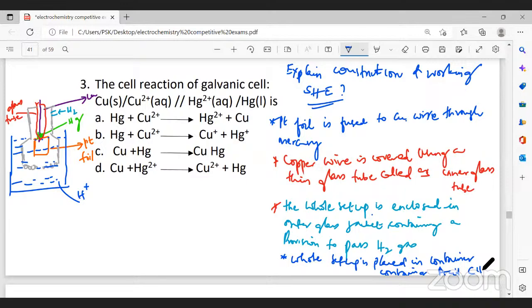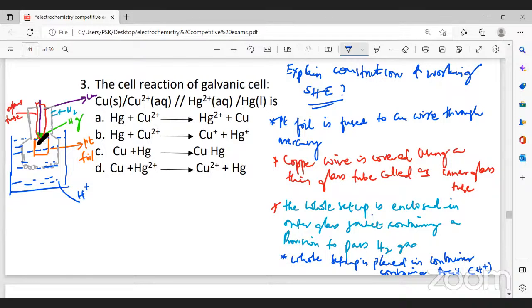Do you understand the construction of this hydrogen electrode? What is the construction of the hydrogen electrode? Platinum foil is fused to copper wire through mercury. This copper wire is covered using a very thin glass tube called the inner glass tube.